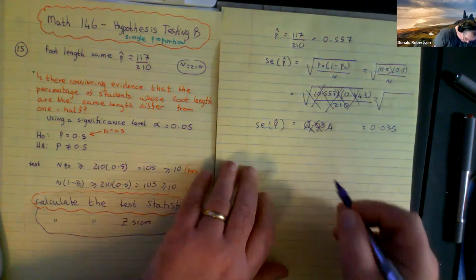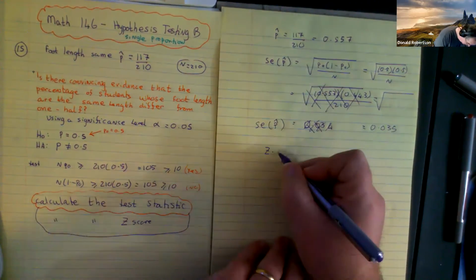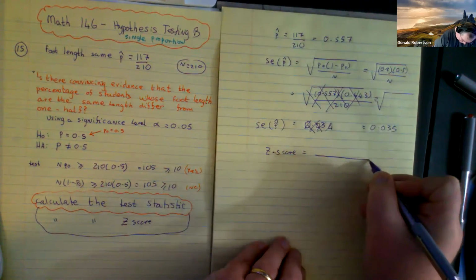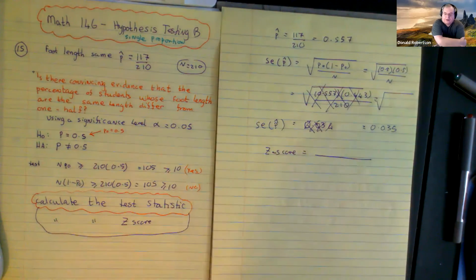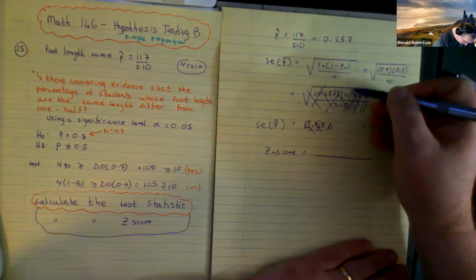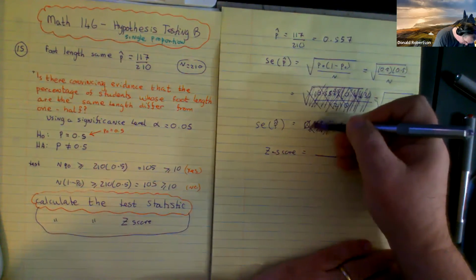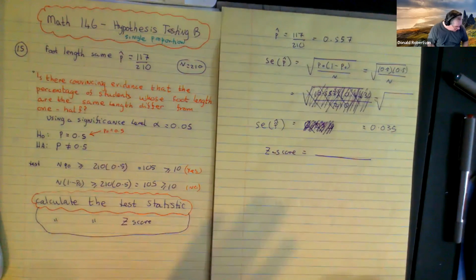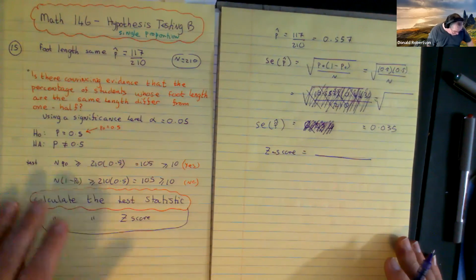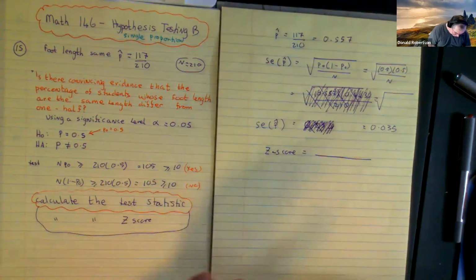So now, to get the test statistic, the Z-score. There are lots of formulas that we have been collecting through these 9 weeks. And it is a good idea if you can memorize as many as possible. Some are used a lot, and therefore you probably should memorize them just because they're so frequent.